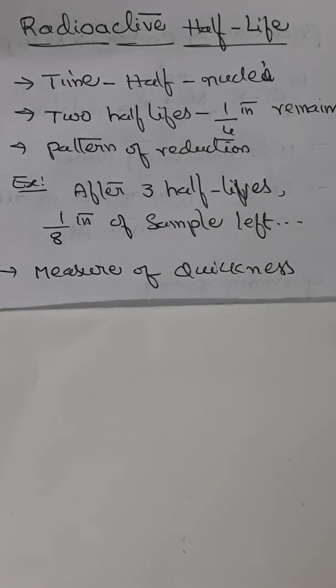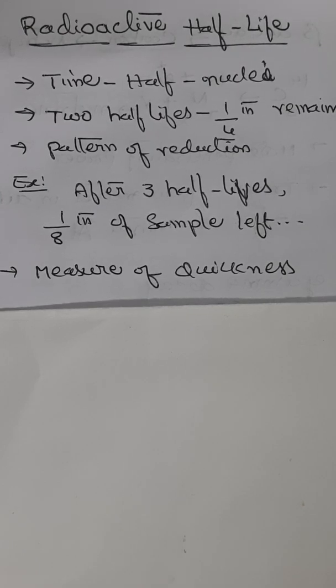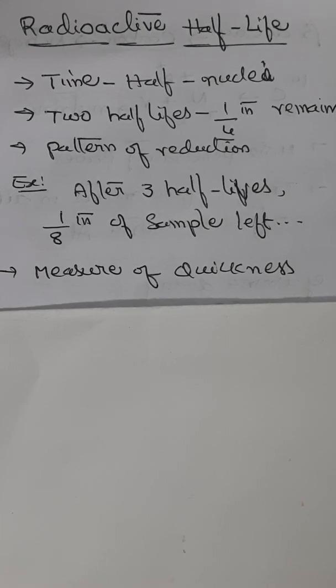The radioactive half-life for a given nuclei is nothing but the time for half of the radioactive nuclei to undergo radioactive decay. That means the nucleus should become half of its size. That means after two half-lives, there will be 1/4 of the original left.